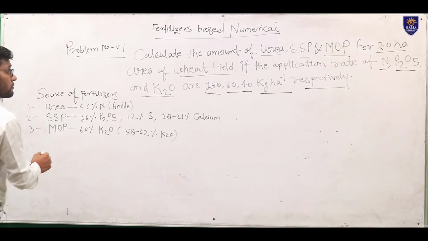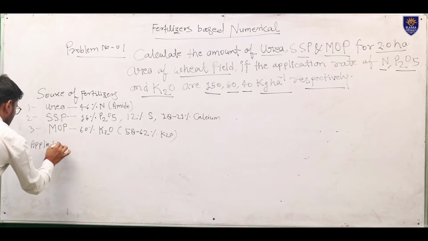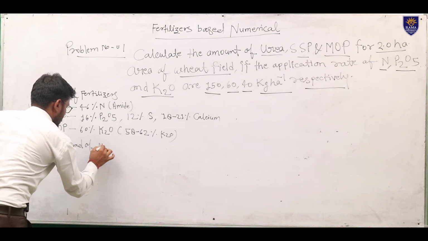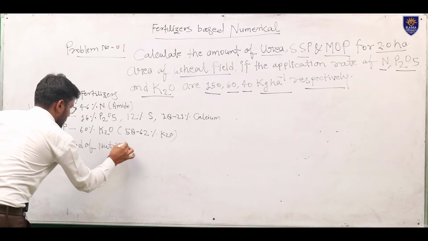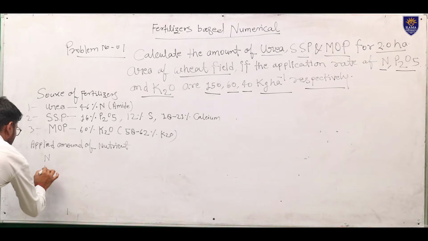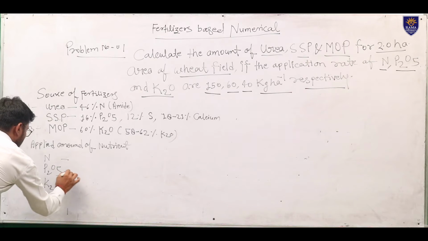Secondly is the applied amount of nutrients: nitrogen, phosphorus and potassium.